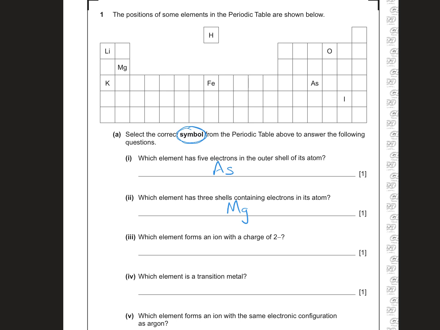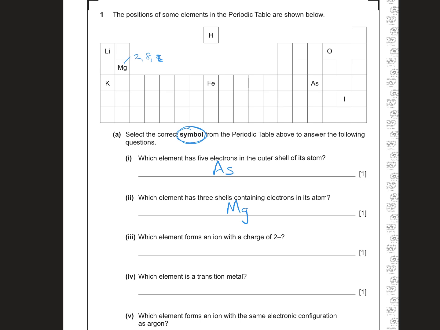So in this instance, the atom is going to have gained 2 electrons. Now, it's not going to be magnesium. It has 2 electrons in its outer shell, which it would lose. So that is 2, 8, 2. So it's going to lose those 2. That will become 2+.